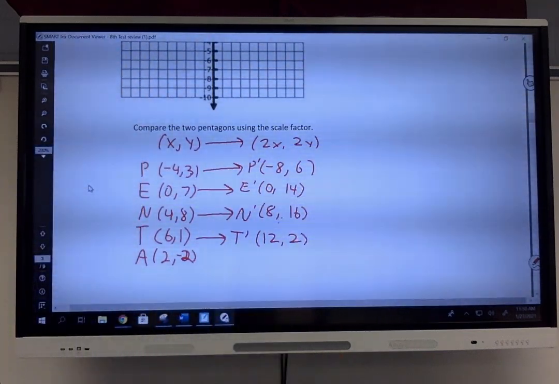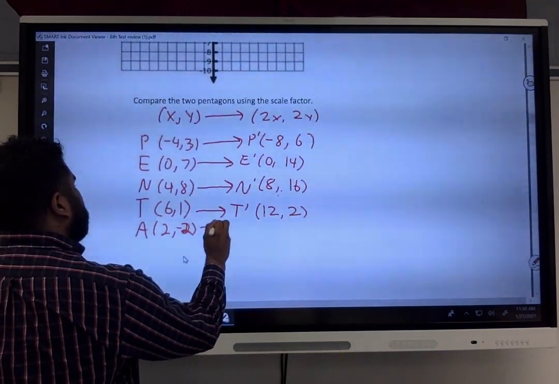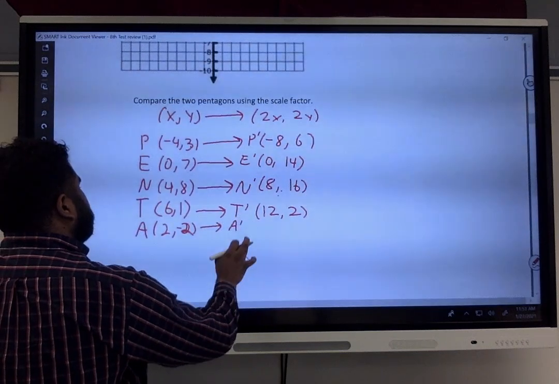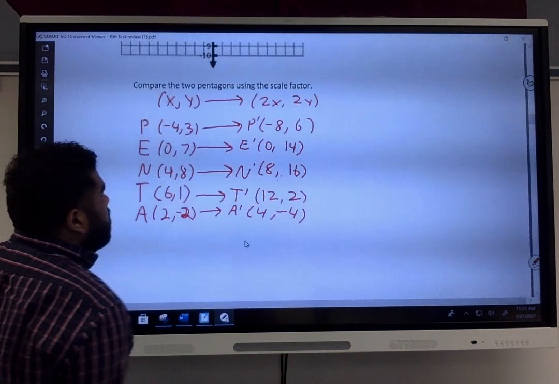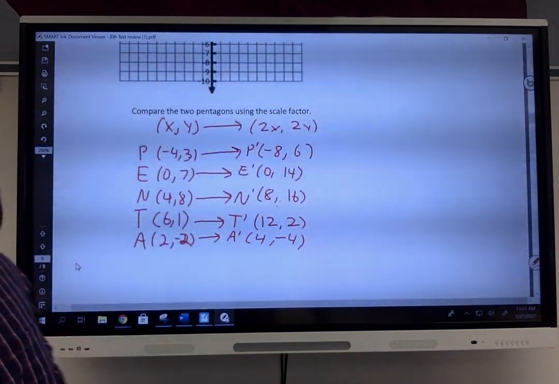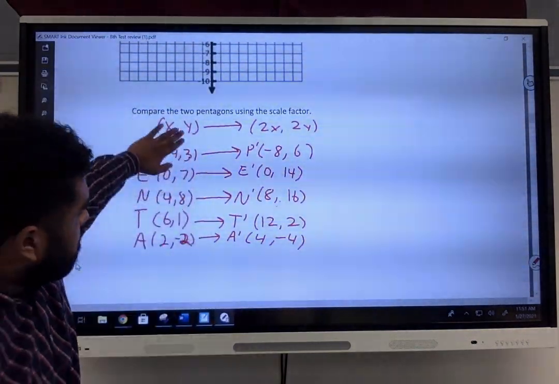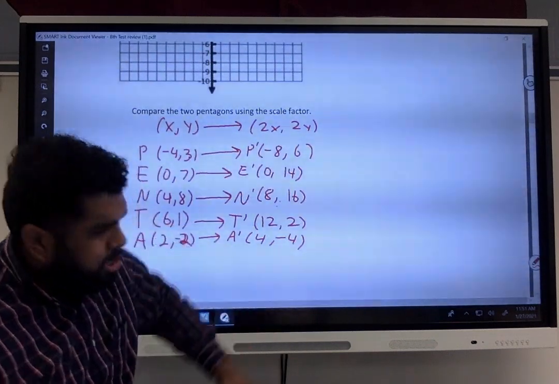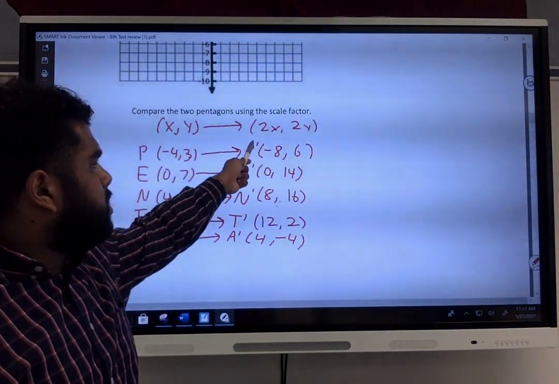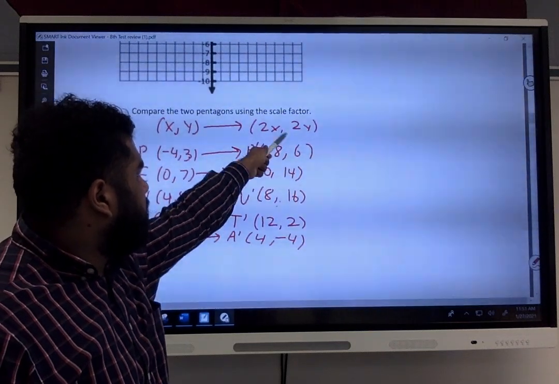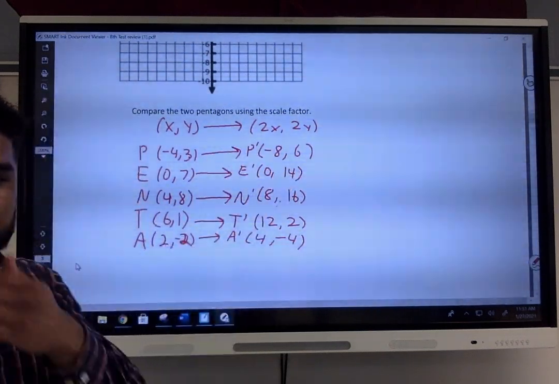And last but not least, A prime is going to be 4, negative 4. So now, what happened? How do we go from these points to these points? We multiply by our scale factor, and we know our scale factor is 2 from the algebraic representation.